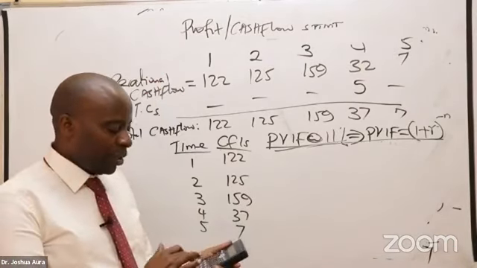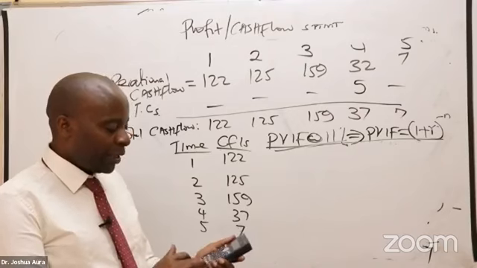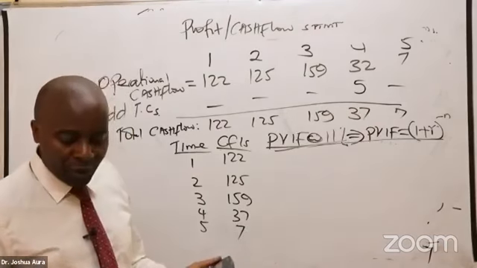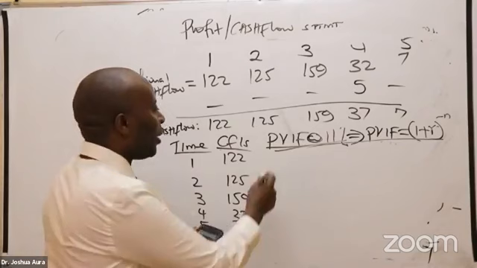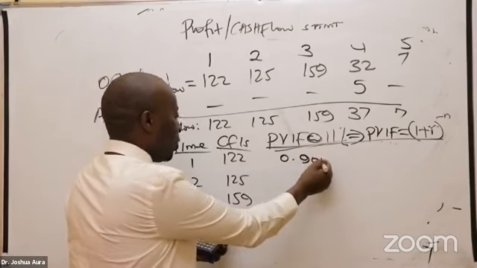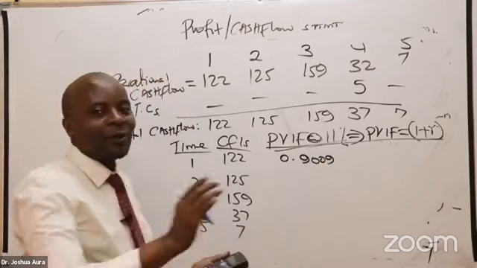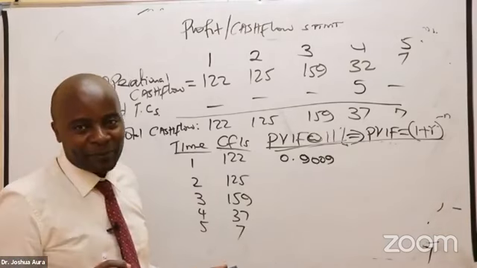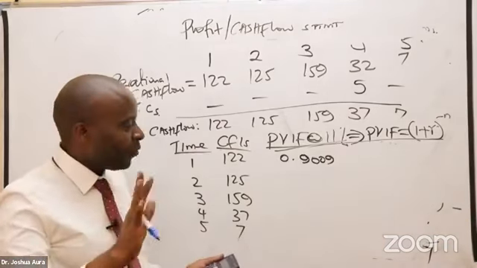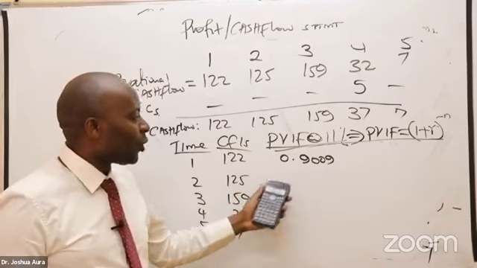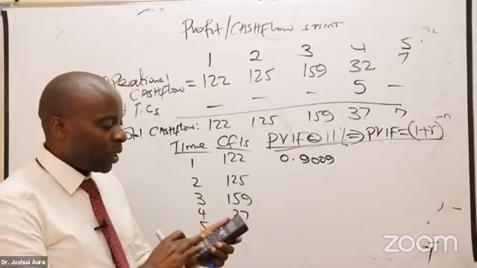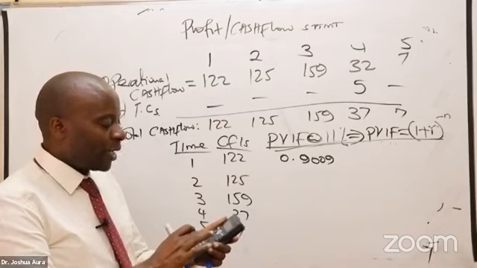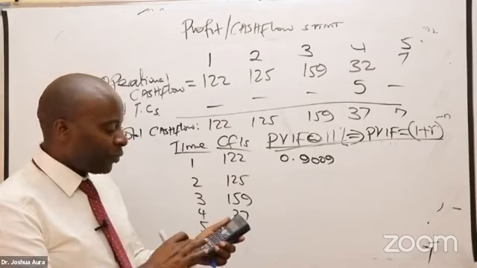So this will be 1.11 raised to negative 1. What figure are we getting here? We are getting 0.9009. Remember, for the PVIFs, you must always round them off to 4 decimal places. That is our tradition. So go to year number 2. Year number 2, we have 1.11 raised to negative 2.